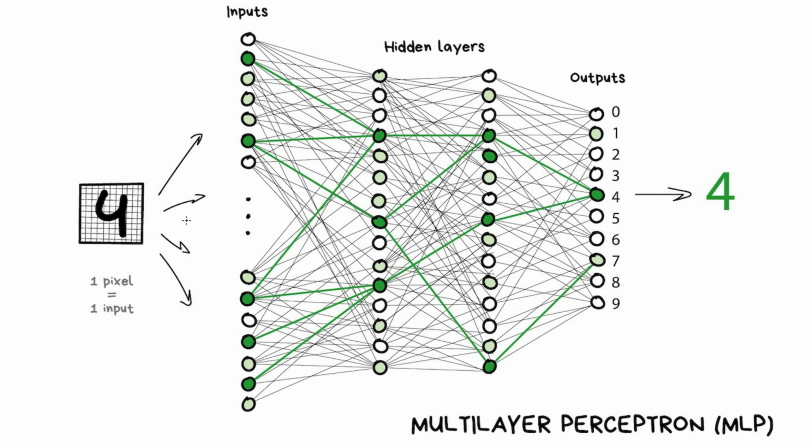By applying to the input, let's say the image of a handwritten digit 4, black pixels activate the associated neurons, and these neurons activate several neurons in the next layers, and so on. It keeps on happening until it finally lights up the exit, which is in charge of 4.